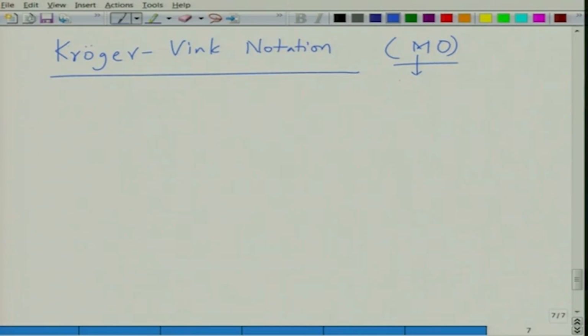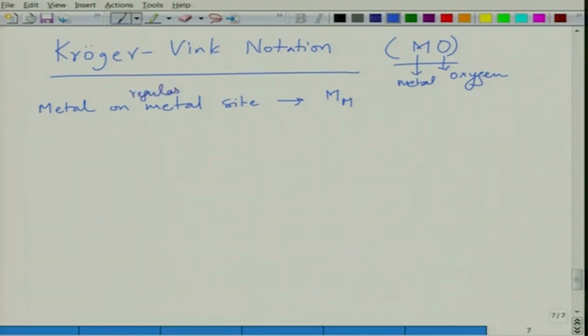So M is the metal and O is the oxygen atom. If you have a metal on a metal site, it's going to be MM. So this is a regular metal site.